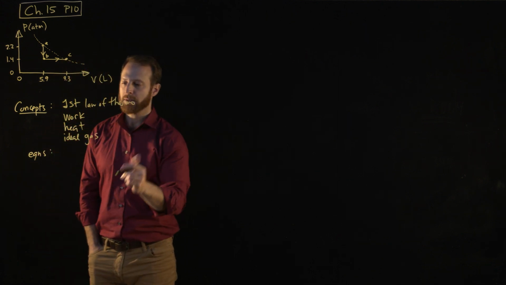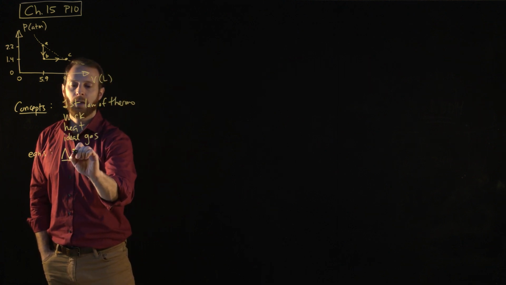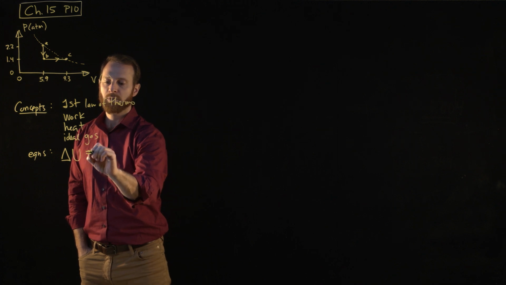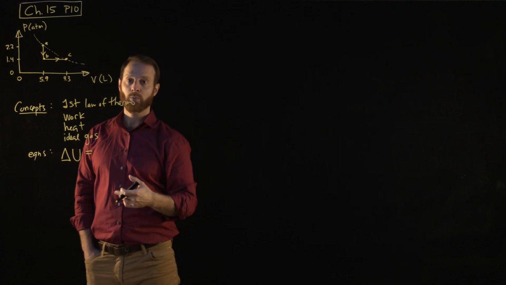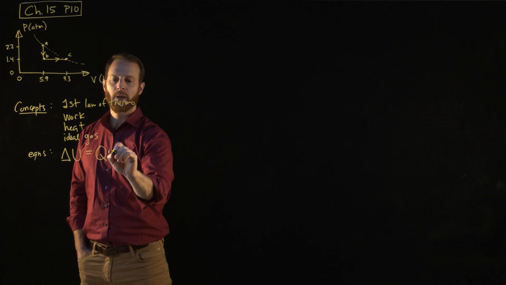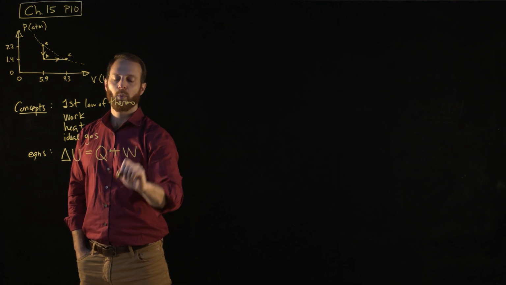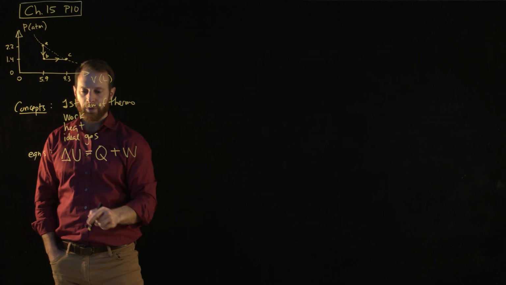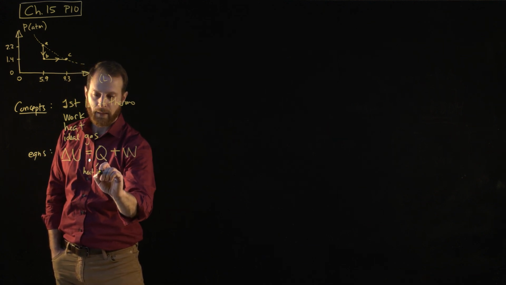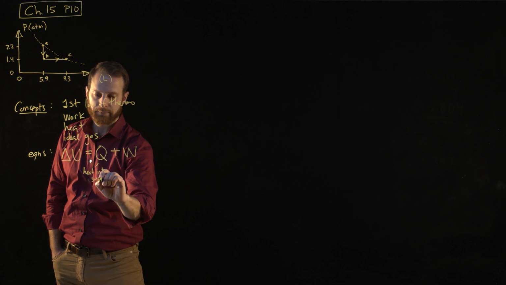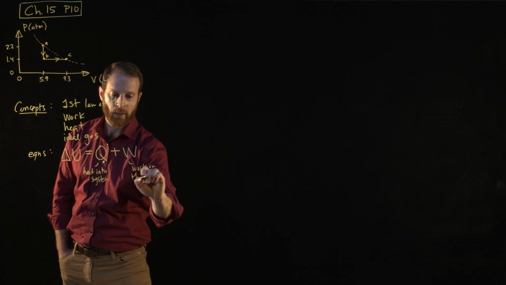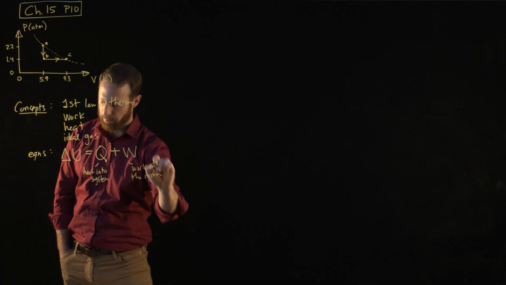The first law of thermodynamics tells you that the change in the internal energy of a system, the thermal energy, if you like, comes from two reasons, at least in this context. One would be heat, which we represent with a Q, and the other would be work. Recall, Q is the heat into the system, and this W is the work on the system.